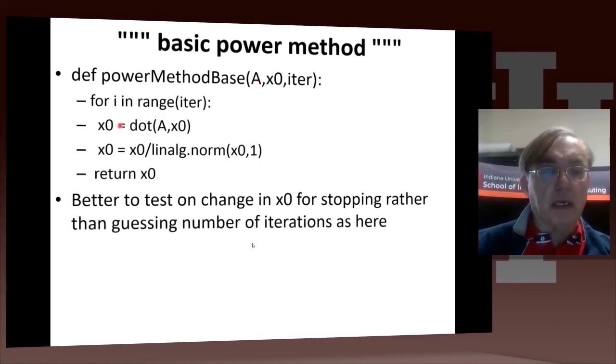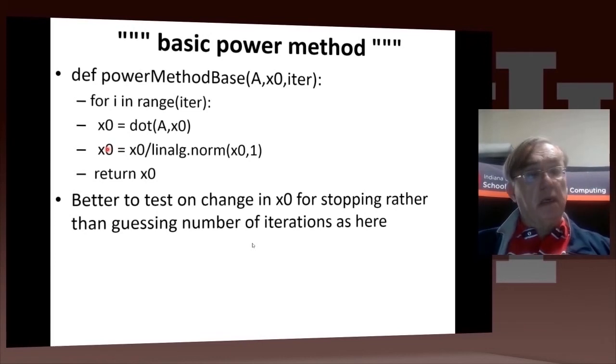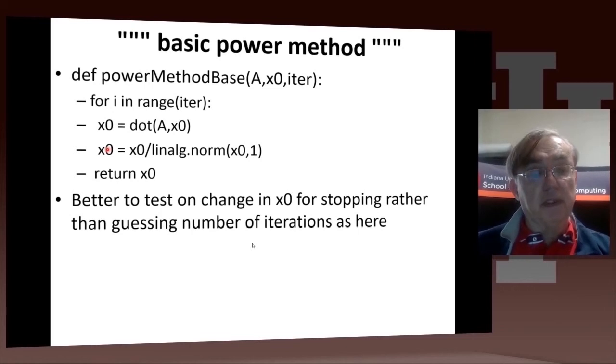You form the dot product of A with x0, and then you replace x0 by x0 divided by its norm. If you have option 1 here for the norm, it says that this particular norm is such that the sum of the elements of x0 is 1. Notice that in many other applications, you take a different norm, where the sum of the squares of the components is 1. Here the sum of the components is 1, because we're dealing with probabilities, and probabilities add to 1. The squares of probabilities do not add up to 1.